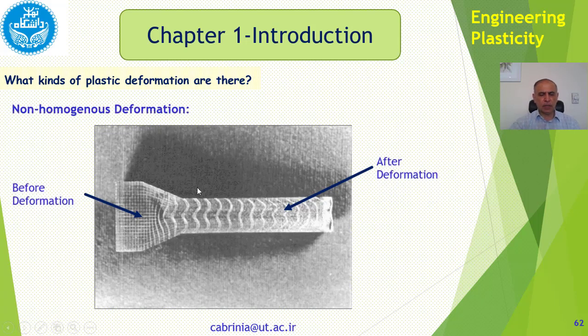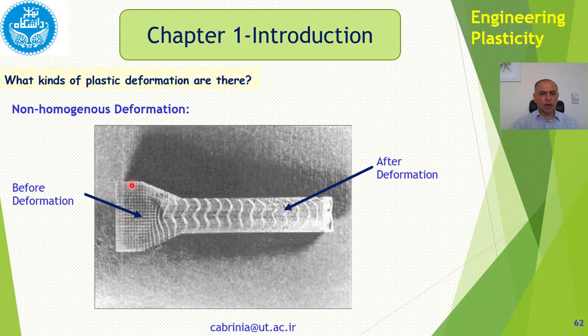As you can see, this is a real extrusion process. We have cut the cylinder in halves and we have gridded it like this. We have these grids in here beforehand, and what we do is that we halve the cylinder, and then on one half we put these grids and glue the two halves together and extrude it, and after the extrusion we open up the halves and we see this grid deformation.